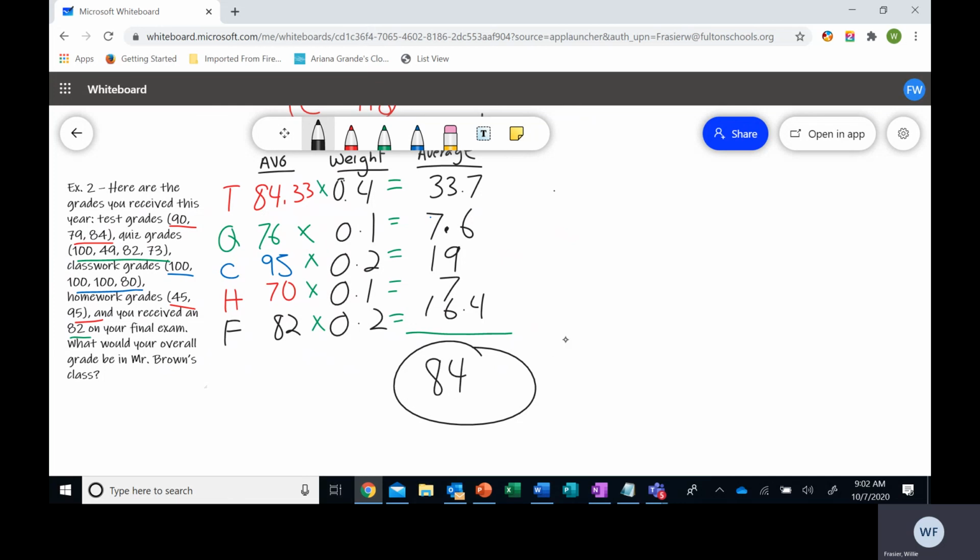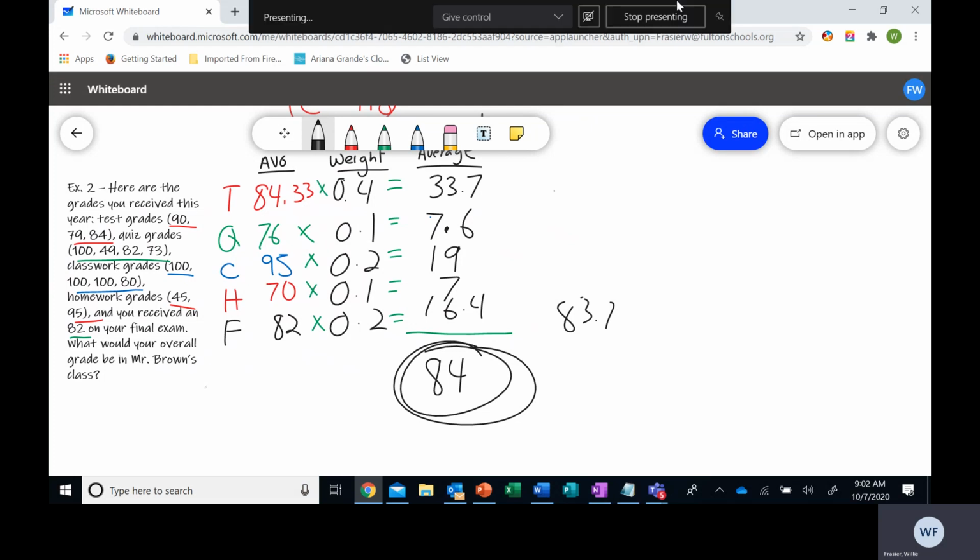The total is actually 83.7 and we just rounded it up to 84. So that is the overall grade for the student in Mr. Brown's class. So this concludes our lesson for today.